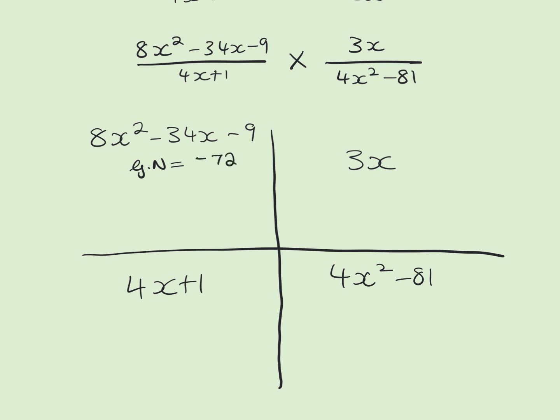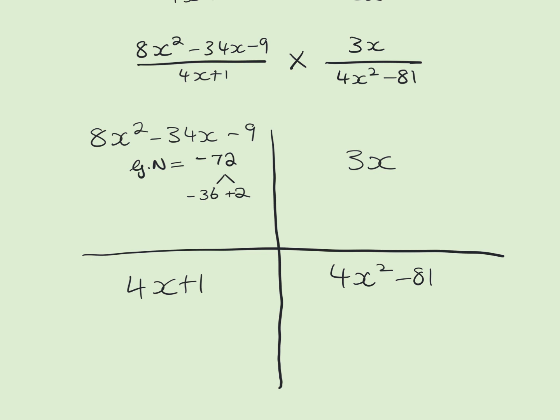So now I need to find numbers that will give me minus 72, but will add to give me minus 34. I can see straight away that that's going to be 36 and 2. I'm going to have a minus 36 and a plus 2. Minus 36 times plus 2 will give me minus 72, and minus 36 plus 2 will give me minus 34, which is what I want.